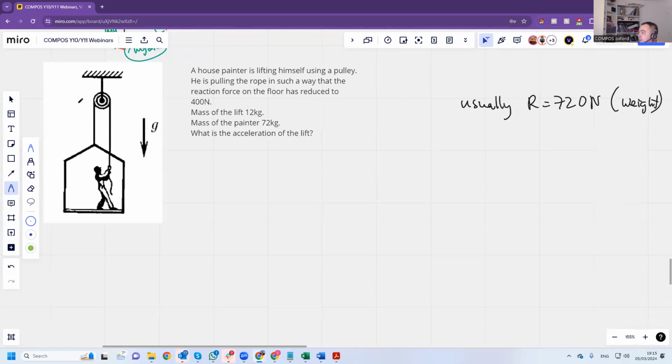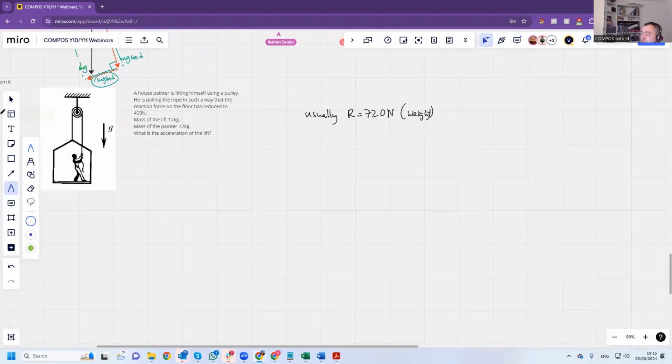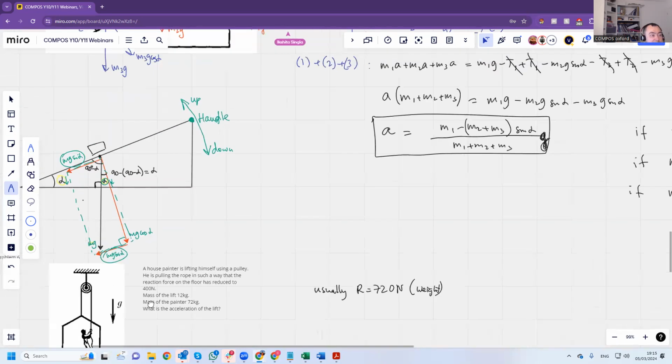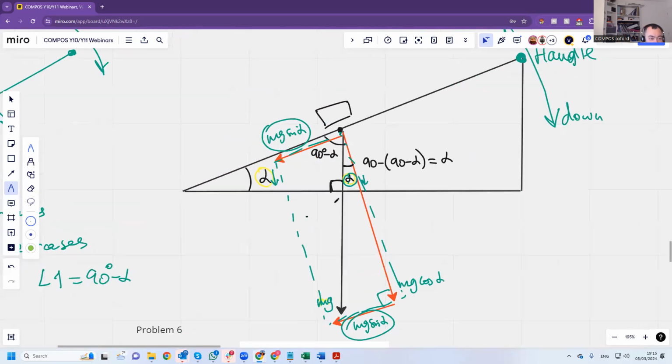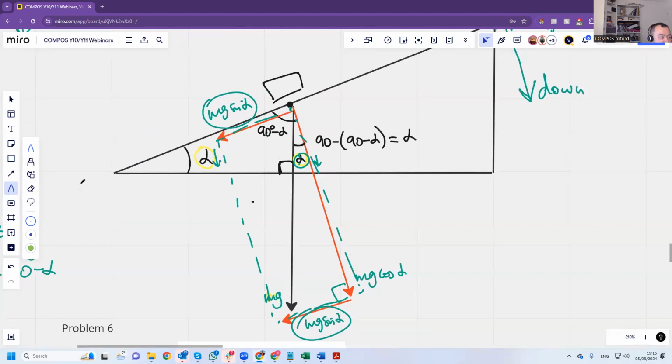Mark is asking, I don't understand how the second triangle you drew led to the angle being 90 minus alpha. I will explain. So this angle is 90 degrees, and we know that this is 90 minus alpha.